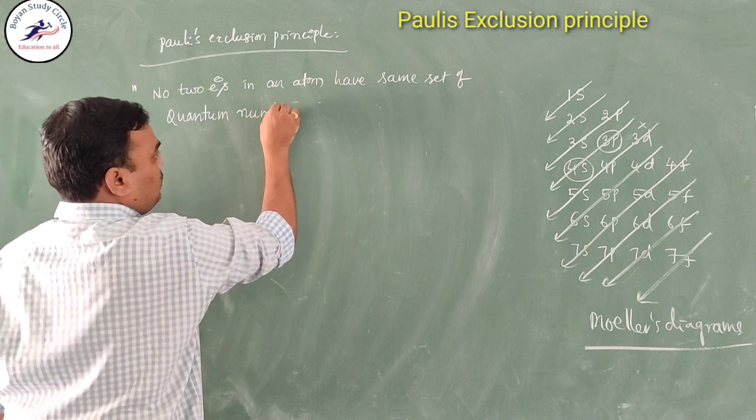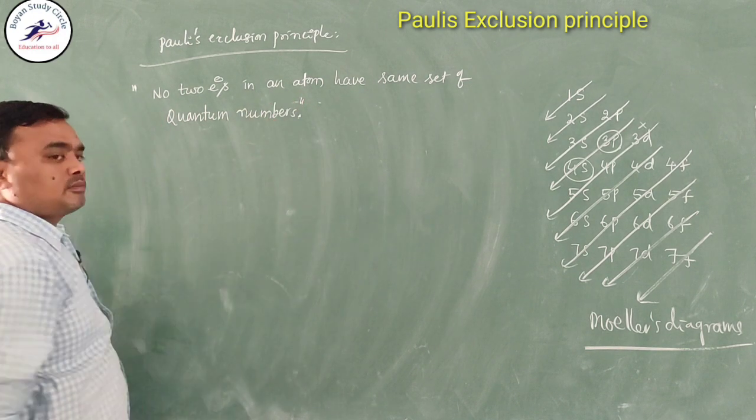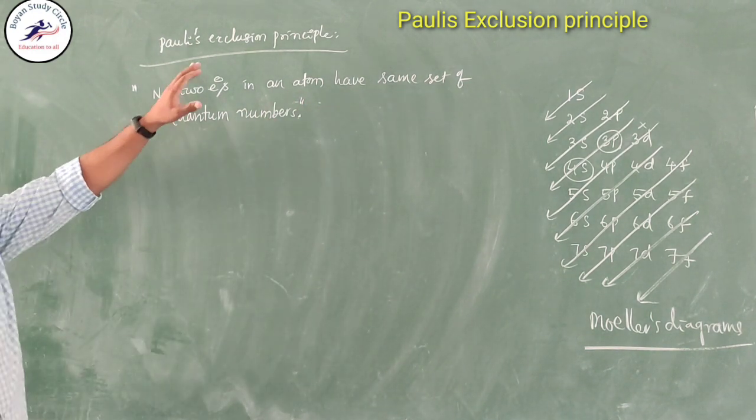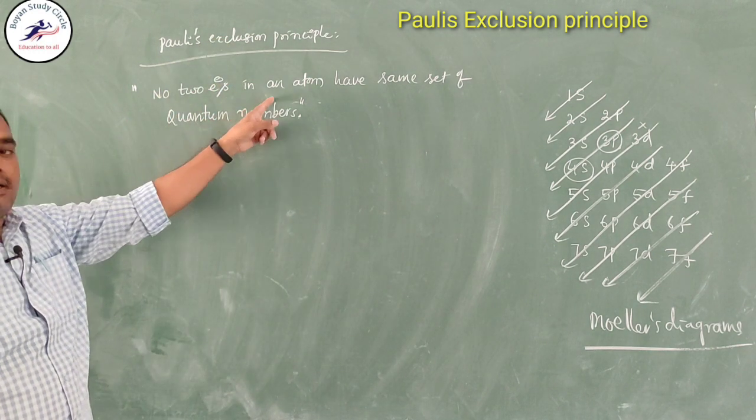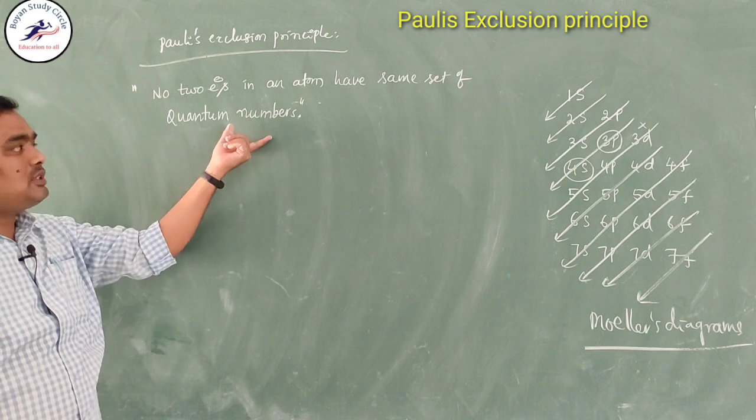Same set of quantum numbers. So the statement of Pauli's exclusion principle is: no two electrons in an atom have the same set of quantum numbers.